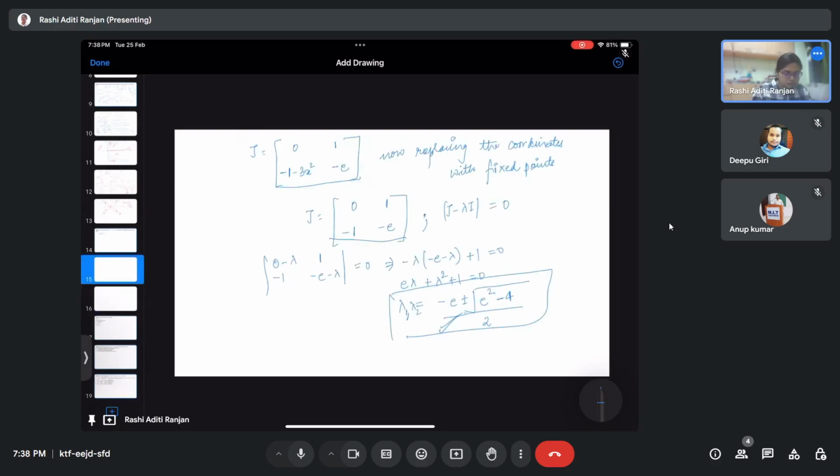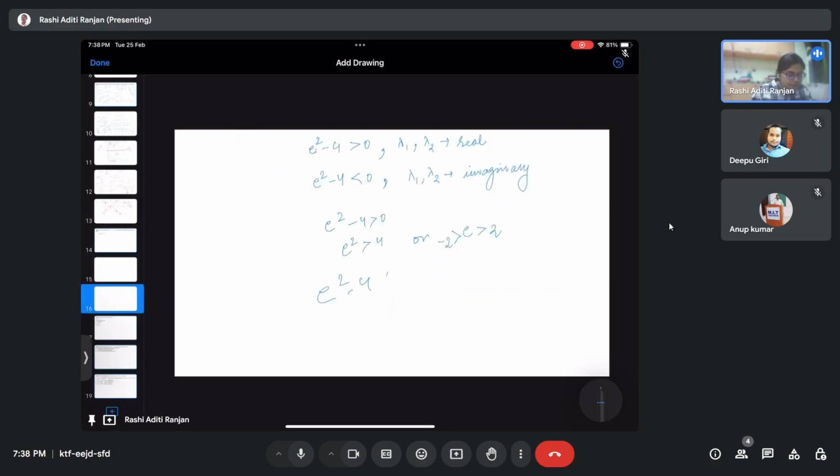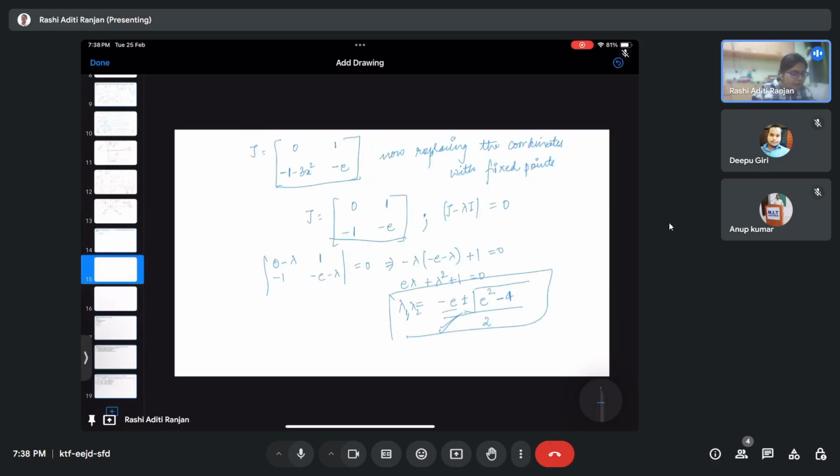See, it's a very simple way. For example, if my e square minus 4 is less than 0, what is going to happen? It is going to have an imaginary value. And if my e is positive, what is going to happen? It is going to have a stable spiral. If it has a negative value, it is going to be an unstable spiral, right? That comes by virtue of the fact that if it's a negative value, it will go outside; if it's a positive value, it will come back inside.